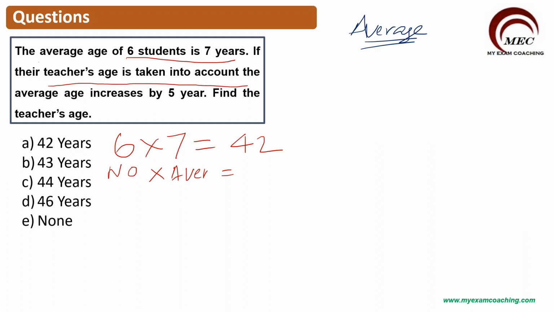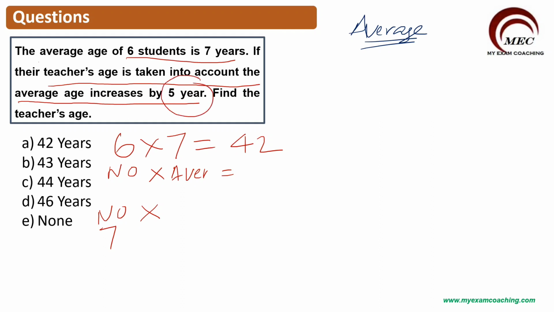If the teacher's age is also taken into consideration, then the average age increases by 5. When the teacher's age is added, the number becomes 6 students plus 1 teacher. The total number will be 7, and the average increases by 5 years.